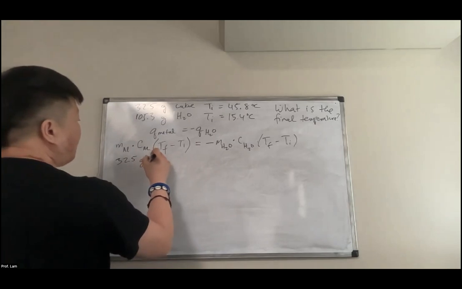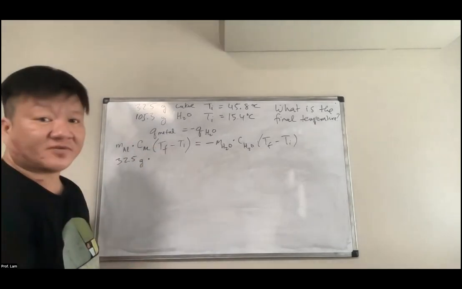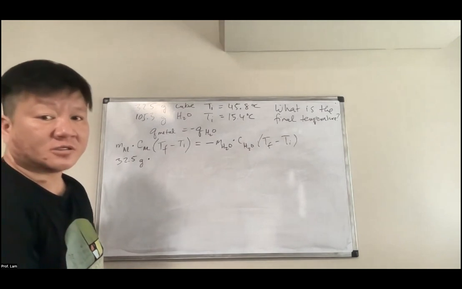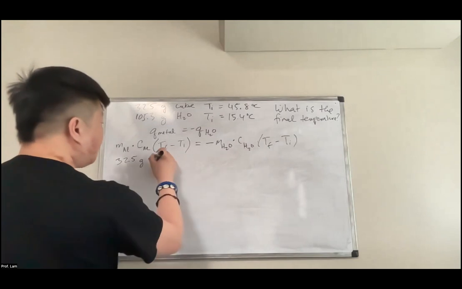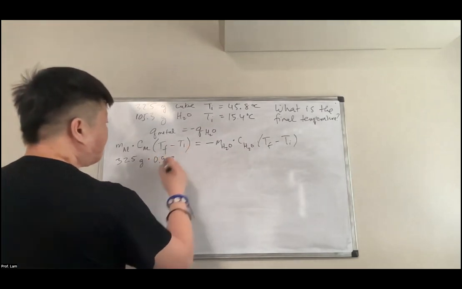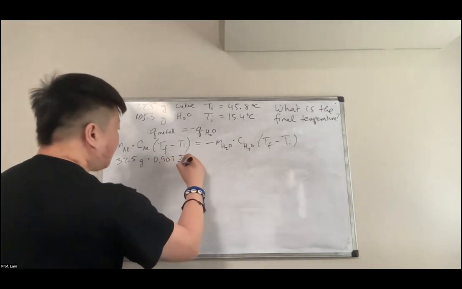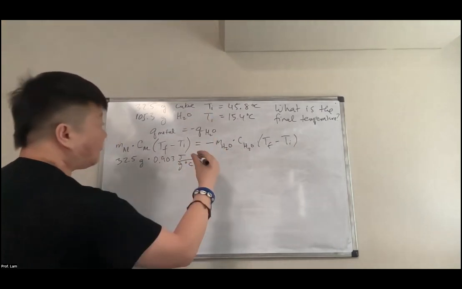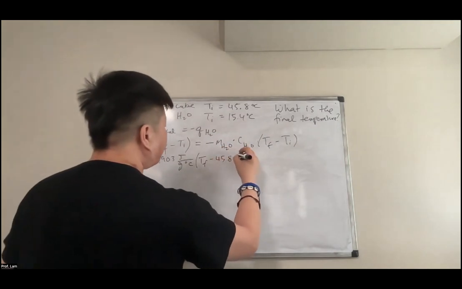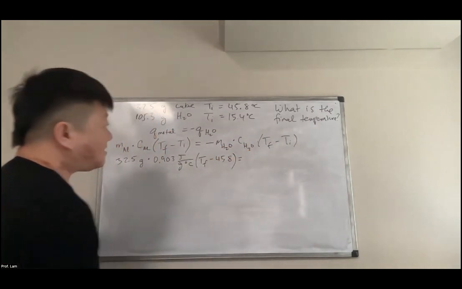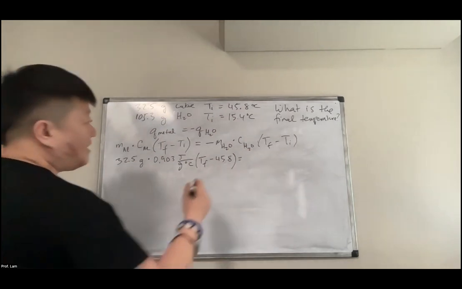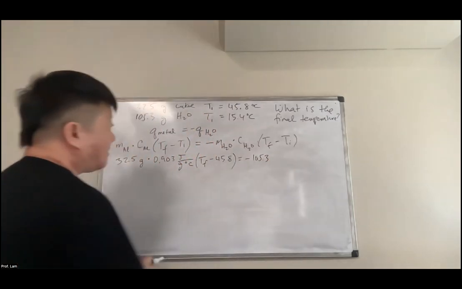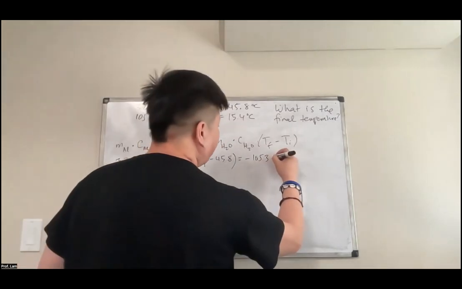And we're going to multiply by the specific heat of aluminum, which is 0.903 joules per gram per degree Celsius times T final minus the T initial of the cube, which is 45.8, is equal to negative, the mass of the water is 105.3, okay, times the specific heat of water.